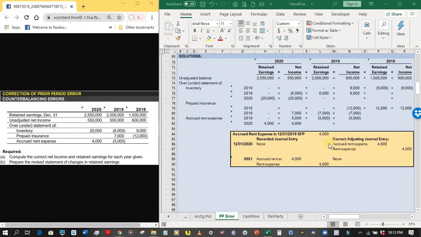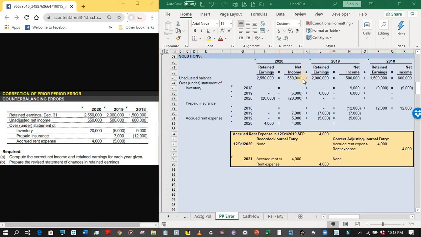So failure to do this entry resulted to the overstatement of the rent expense, and that is in 2020. So if the rent expense is overstated because it was not reduced by 4,000 pesos, the net income is understated by 4,000.